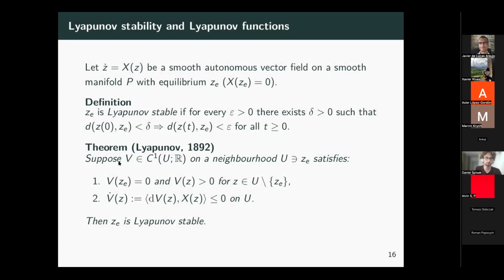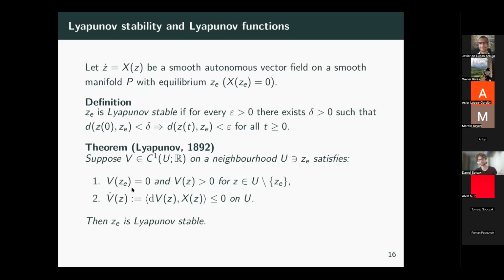Now we present a theorem by Lyapunov, and this is a theorem that we'll be using, and the classical Lagrange theorem. Consider a C1 function on an open neighborhood of the equilibrium point, and if it satisfies those two things, we say that it is a Lyapunov function, and we can say that this equilibrium is Lyapunov stable.